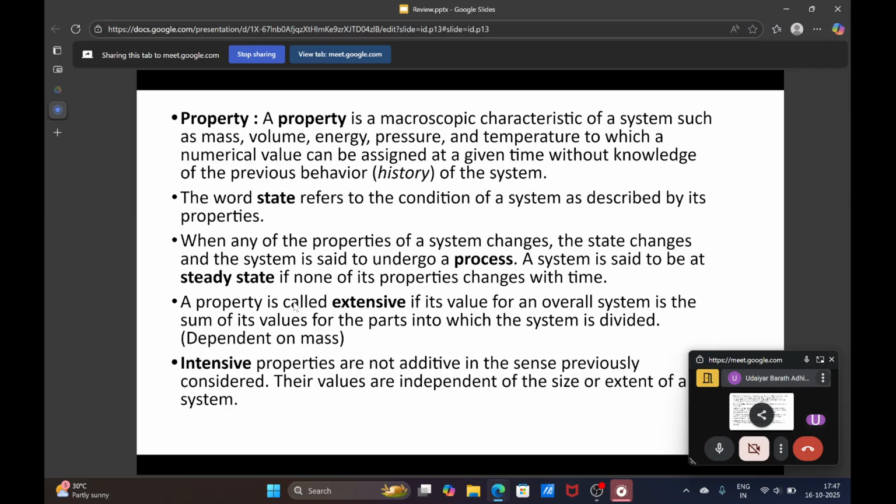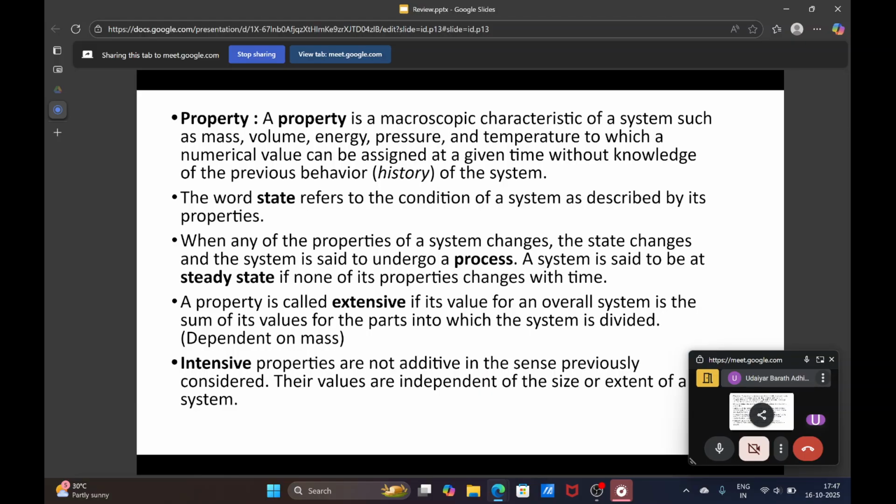Then property. A property is a macroscopic characteristic of a system. Examples are mass, volume, energy, pressure, temperature, all cases of property. It is easy to characterize the system based on the behavior and so on.